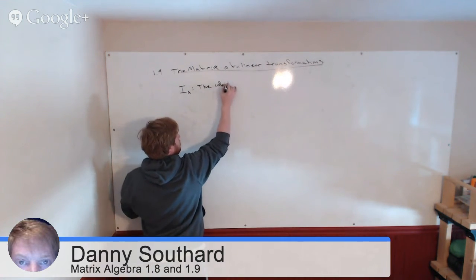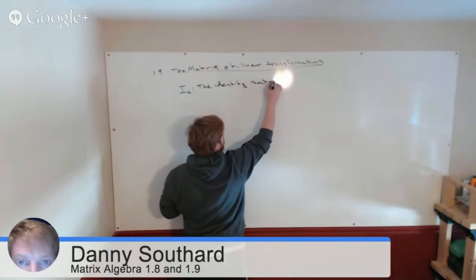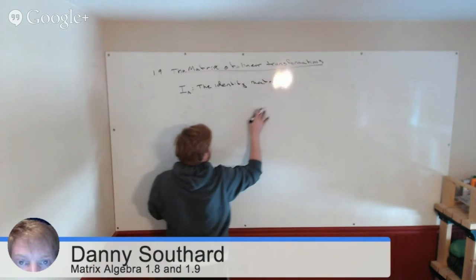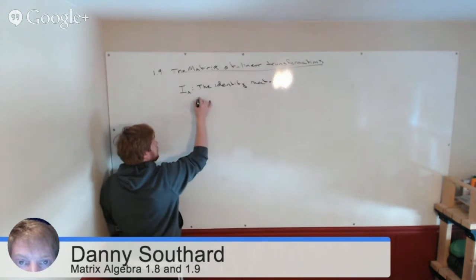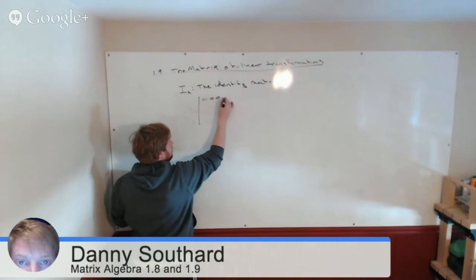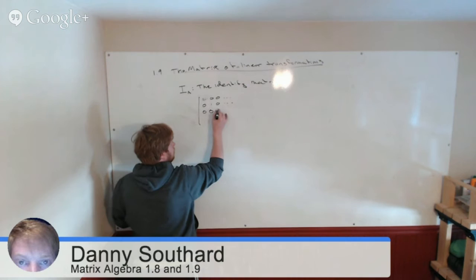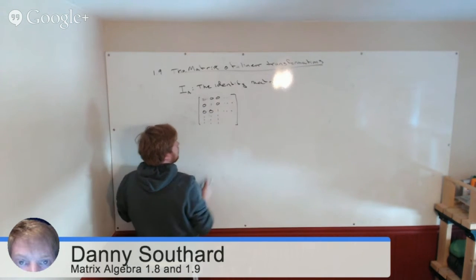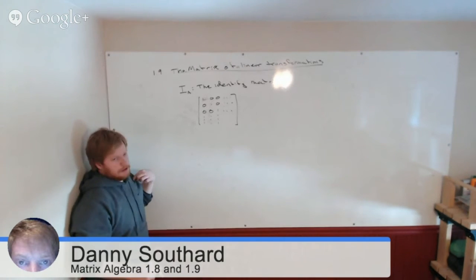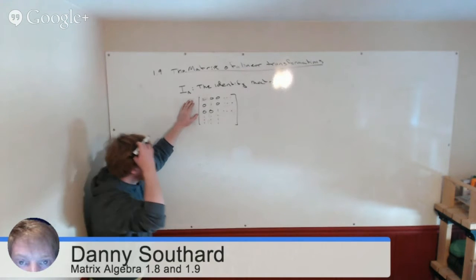So we have a term, I sub n, the identity matrix, which could be as big or as small as it needs to be, but it is square, n by n.